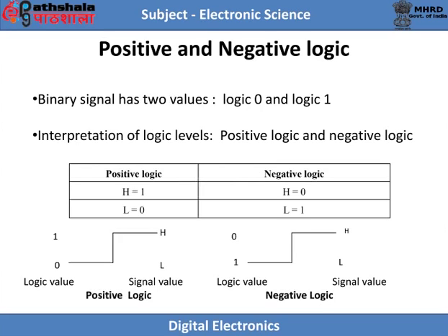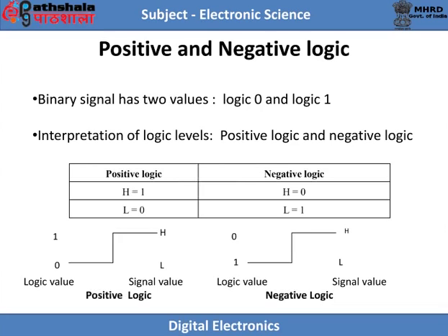In addition to two-state digital circuits, some circuits are three-state or tri-state logic circuits. A third state or high impedance state is added in addition to two logic states, that is logic 0 and logic 1. If the circuit is in this state, it is effectively removing the output from the circuit.